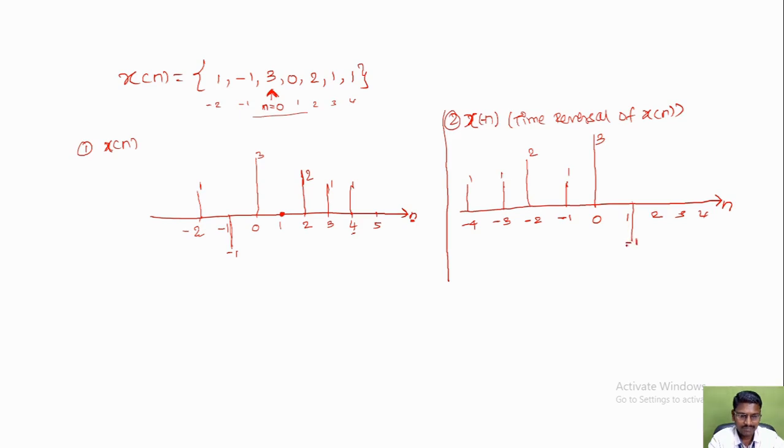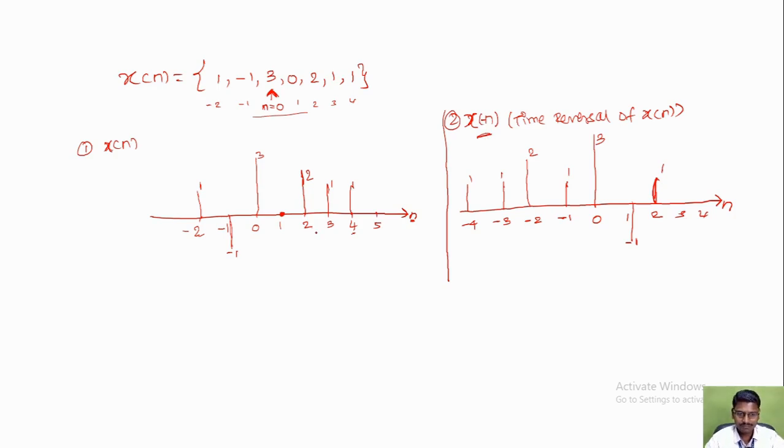The left side signal is shifted to the right side, so the -1 sample will be shifted to the plus 1 sample, which is -1, and the -2 sample will be shifted to the right side, which gives 1. So this is my x of -n sample.